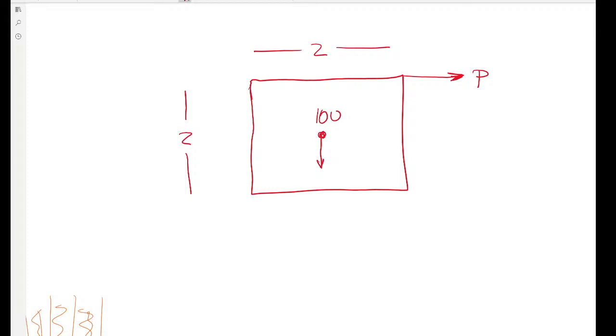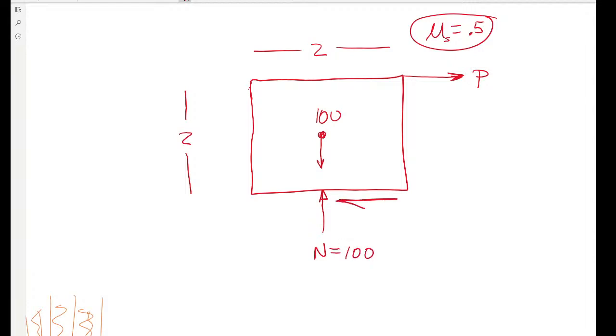Now, if I come in here and look at this, I find something pretty interesting. First of all, I have a normal force. When I start pulling it with a P, let's say the mu here, just to make my life easy, is going to be 0.5. So here's your normal. It's going to equal 100.